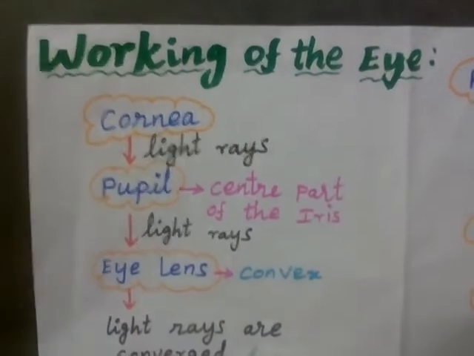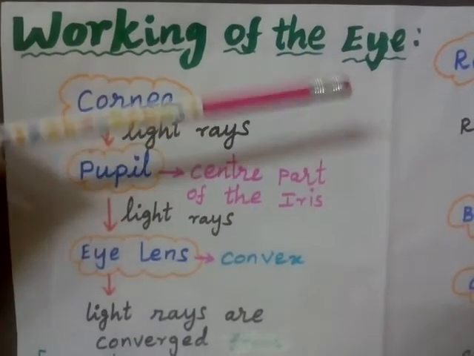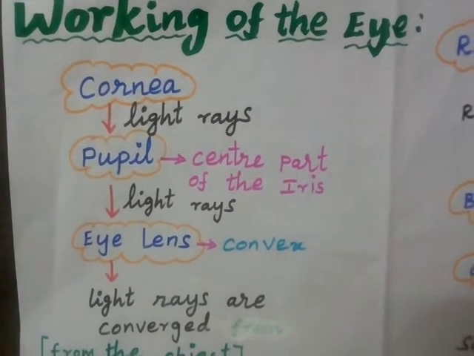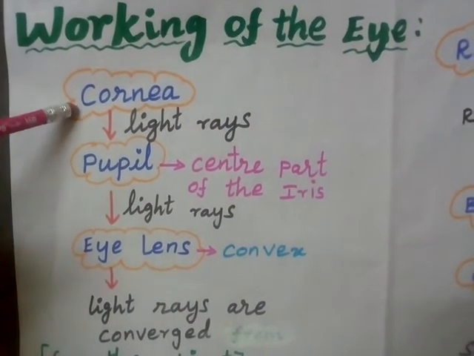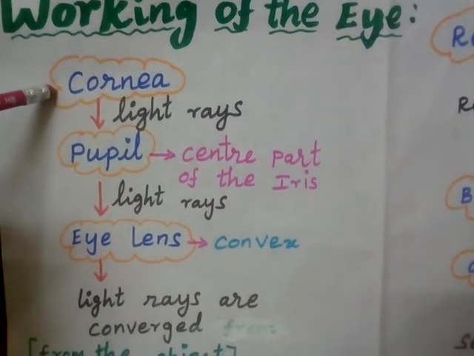When the light falls on the object, the refracted light rays reach the cornea, because it is the main refracting surface.